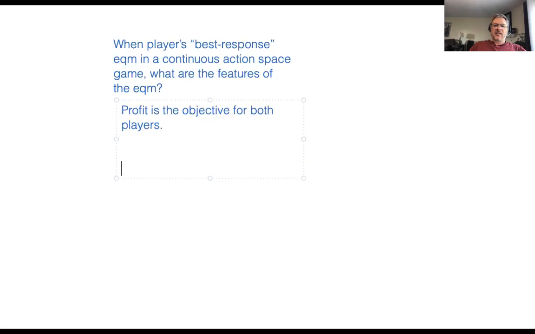And then we'll note this is a special case of a quantity setting oligopoly game. Remember, oligopoly means you have just a few firms in the industry, and we're going to choose the simplest case where you only have two firms in the industry.